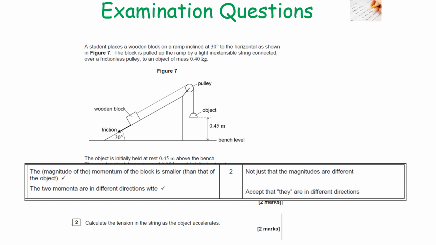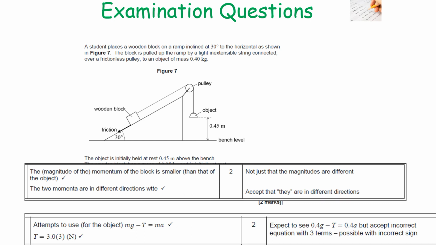Well, we've got our tension acting in the opposite direction, but it's also important to note that in the same direction as the object falling is going to be the weight of the object, because it's already acting downwards. So therefore we can say that T is going to be equal to ma plus mg. When we work that through, we can put our values in and we get tension equal to 3 newtons.